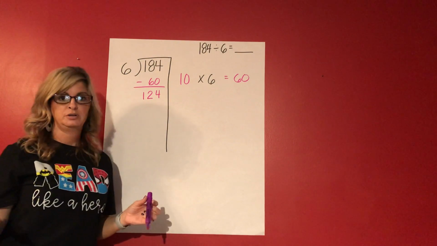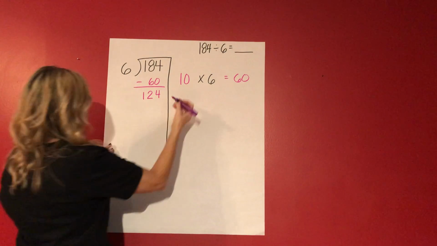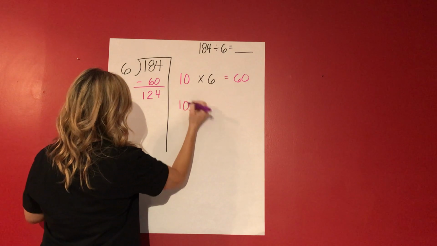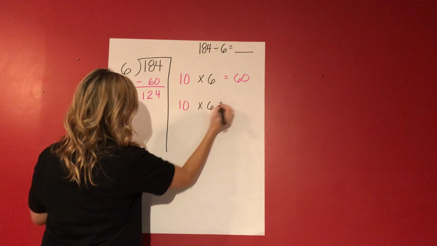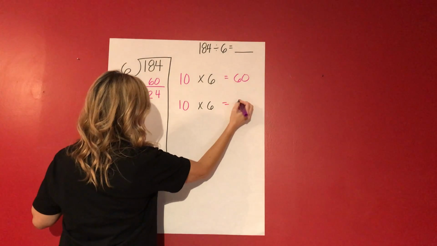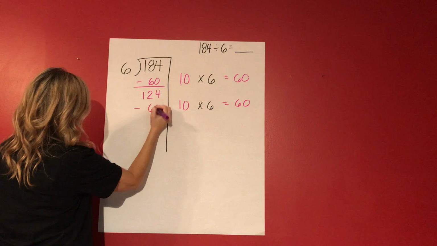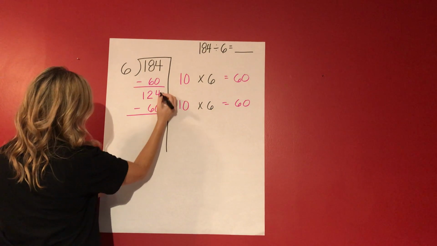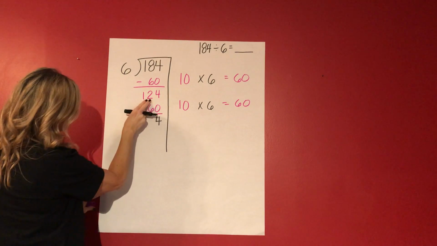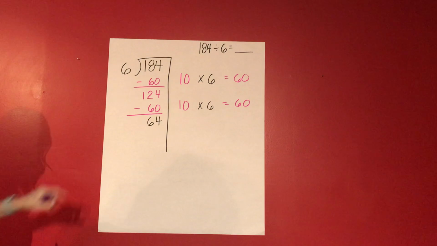Well, what if I do another one? What if I do another 10 times 6? I'm going to subtract 60 from here, and that's going to give me 4 minus 0 is 4. 12 minus 6 is 6, okay?